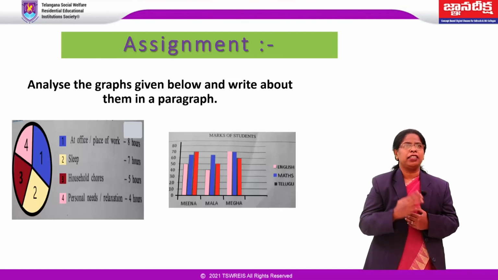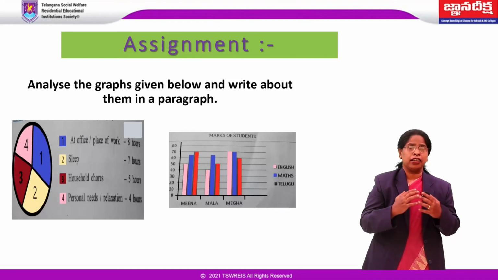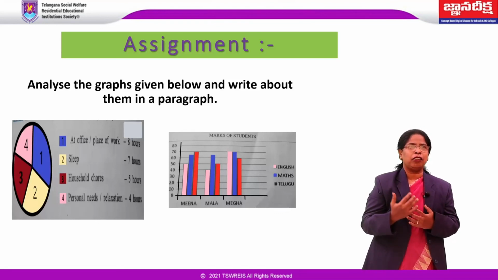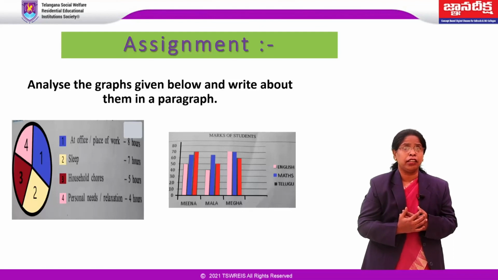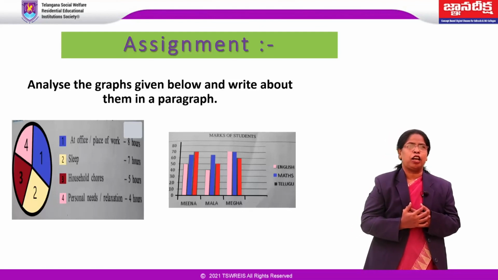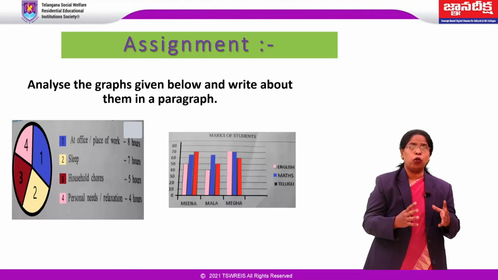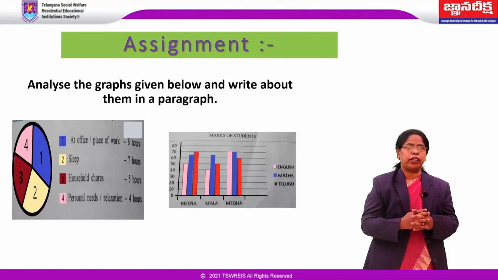In the same way, in the bar graph over here, you can make out the different students and their scoring in all the main subjects, that is English, Maths, fine. Try to understand all this, analyze the figure, put all the information in text form and note it in your notes for further reference.